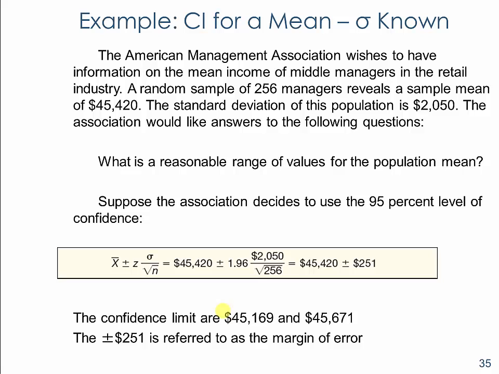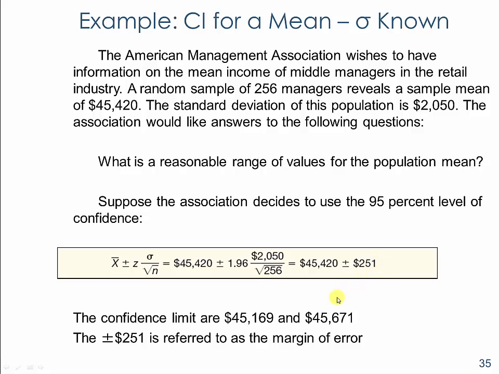Finish filling in the blanks, and we have 45,420, which is our best guess of a single value of the sample mean, in other words, our point estimate, plus and minus our margin of error, which is our z-score times our standard error, which is our standard deviation divided by the square root of n, equals 45,420 plus and minus 251.